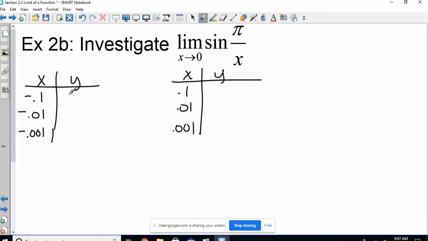My negative 0.1 people. Negative 0.01. Next group. 0. Okay, next group. 0. Next group. 0. All right, so what would we say this looks like?